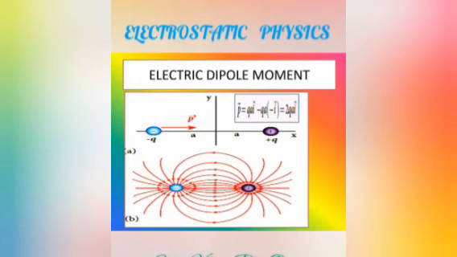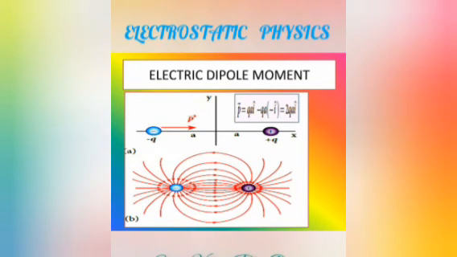Next topic: electric dipole moment. Electric dipole moment is equal to the product of the magnitude of one of the charges and the distance between them. It is denoted P. P is equal to q into 2a, q is charge, 2a is distance.